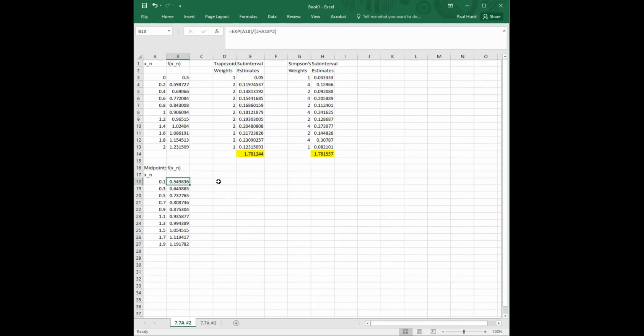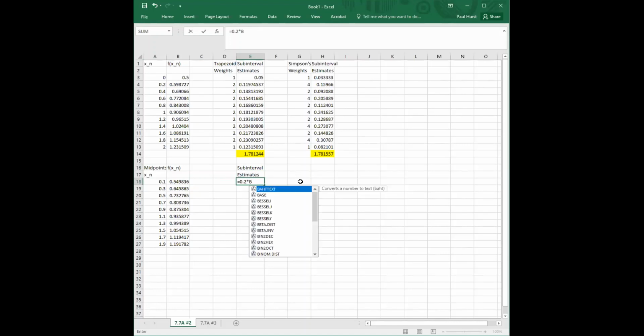So I'm going to go over here for subinterval estimates. It's going to be the length of the interval, which is 0.2, times the height at the midpoint, which would be B18 in this case.